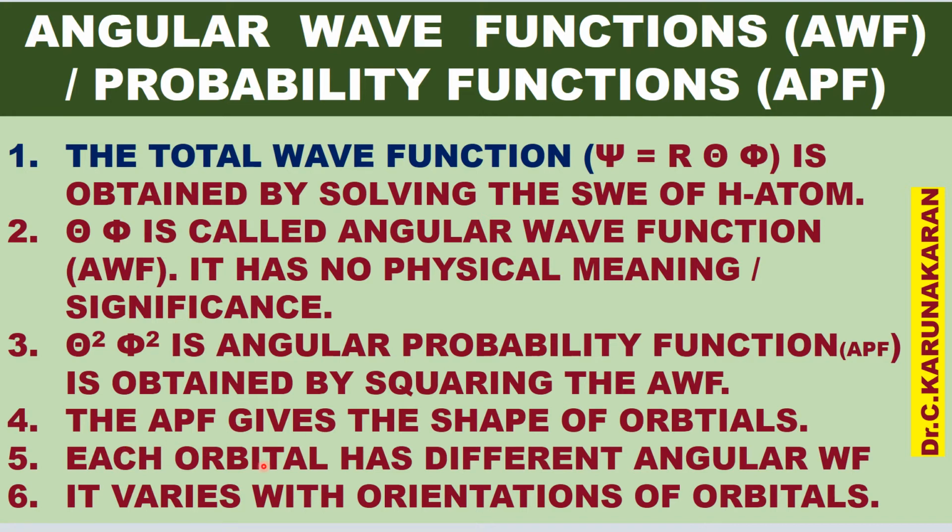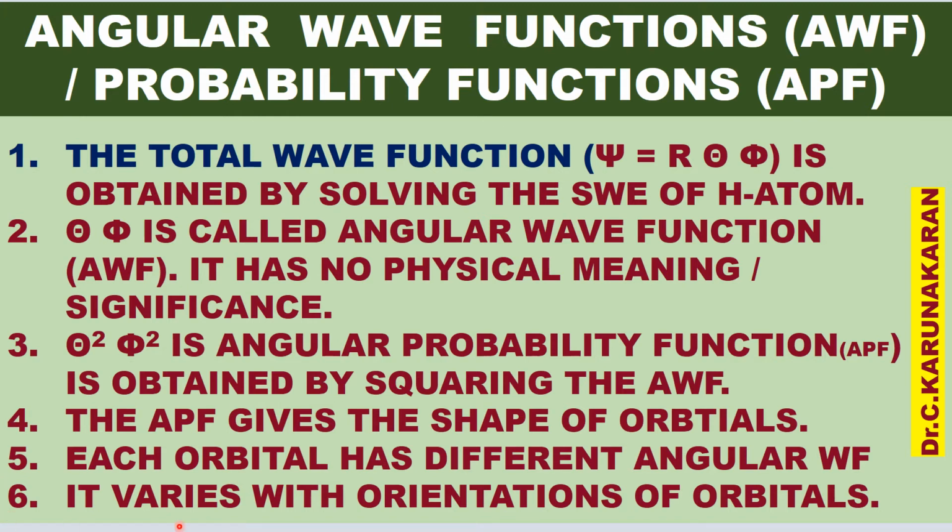The angular wave function for each orbital is different. For example, the s orbital has a different angular wave function because the angular wave functions represent the atomic orbitals.